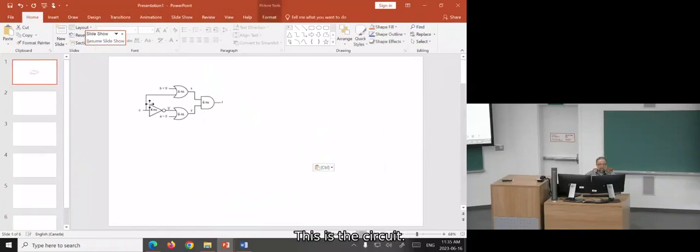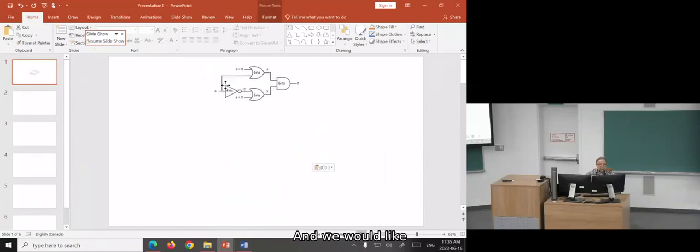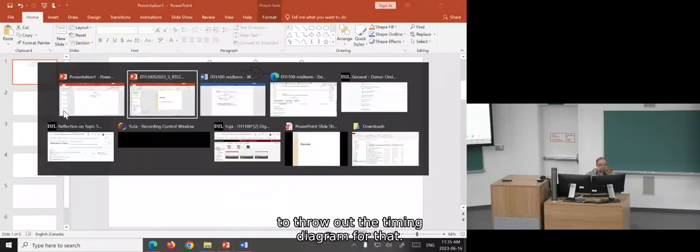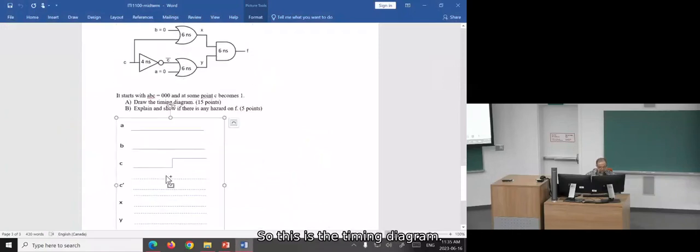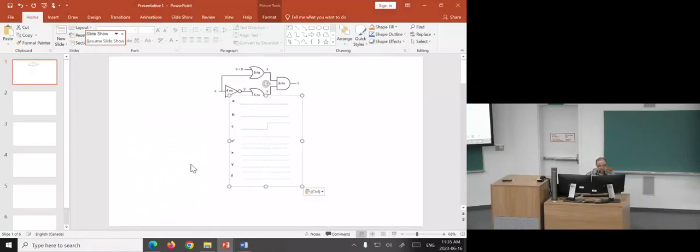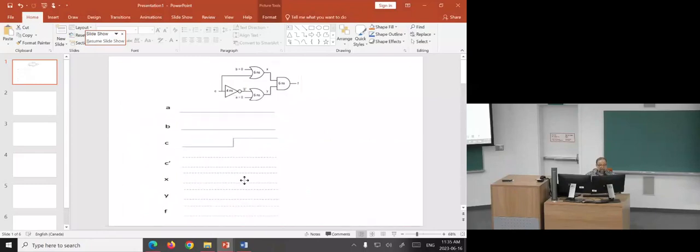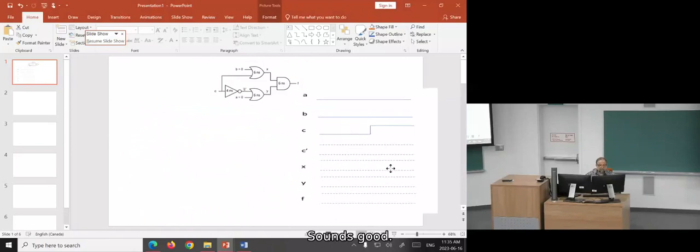This is the circuit, and we would like to draw the timing diagram for that. So this is the timing diagram. I put it here. Sounds good?